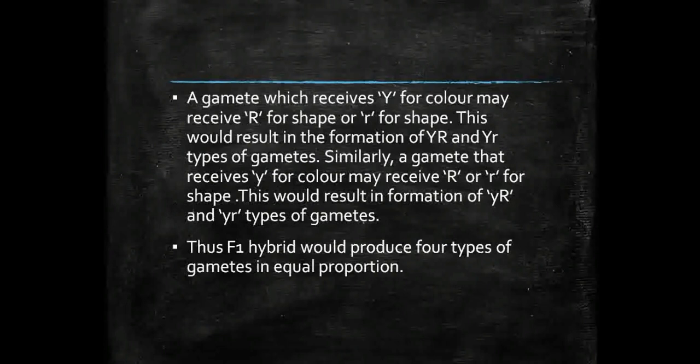This would result in the formation of capital Y capital R, and also capital Y small r types of gametes. Similarly, a gamete that receives small y for color may receive capital R or small r for the shape. This will result in the formation of small y capital R and small y small r types of gametes. And thus the F1 hybrid would produce 4 types of gametes in equal proportion.